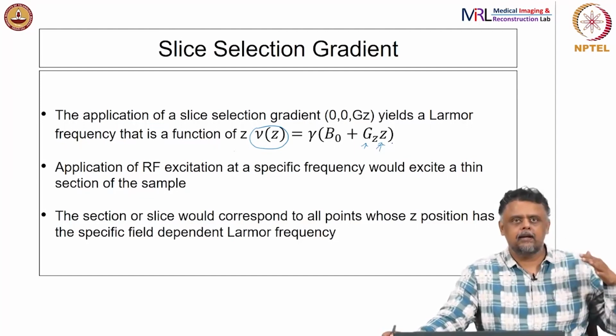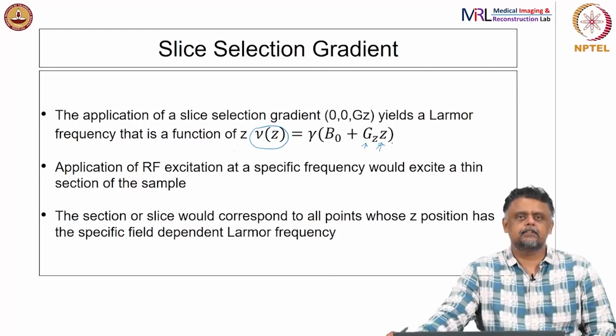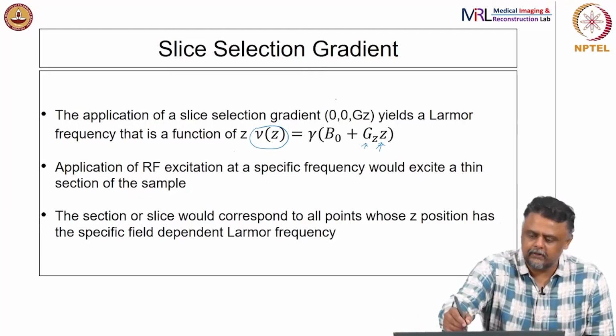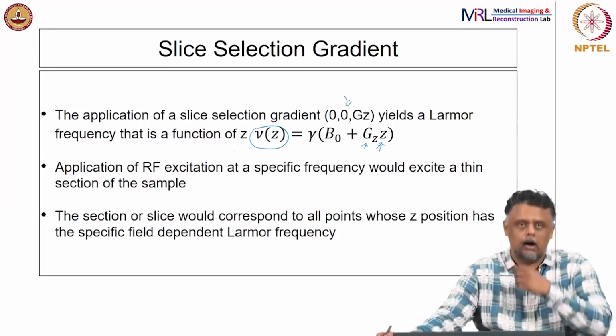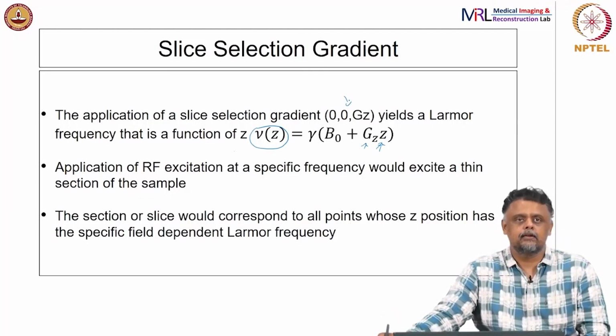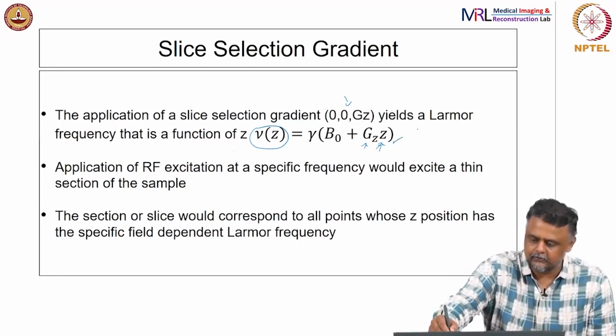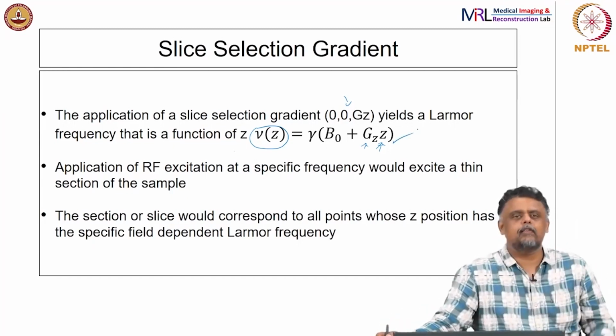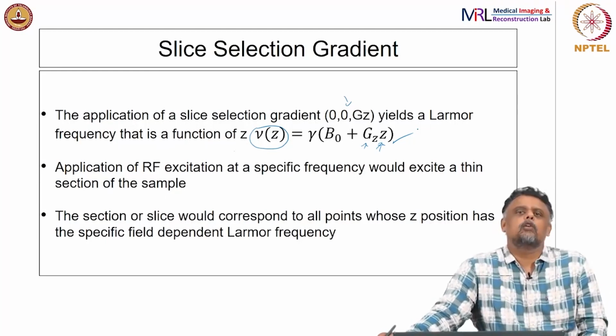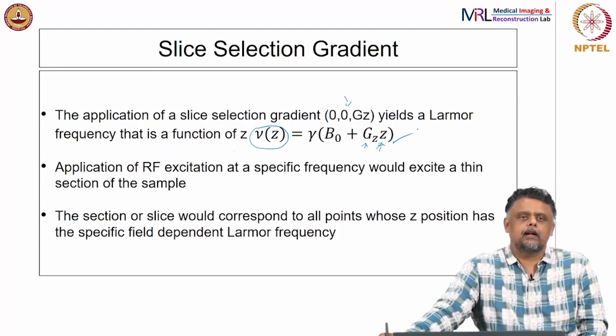By applying a slice selection gradient, in this case that is why it is 0 0 GC, the X and Y gradients are off, first we apply the Z gradient. So, it makes the Larmor precession frequency in the volume a function of Z, right. When I say function of Z here, this is exactly that function. So, in this case you can see we have encoded the frequency as a function of position.